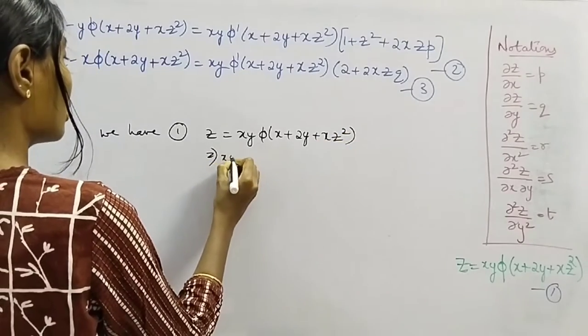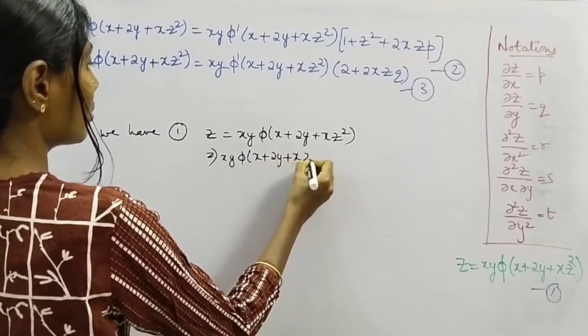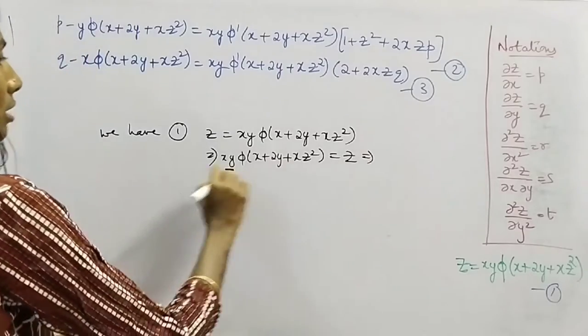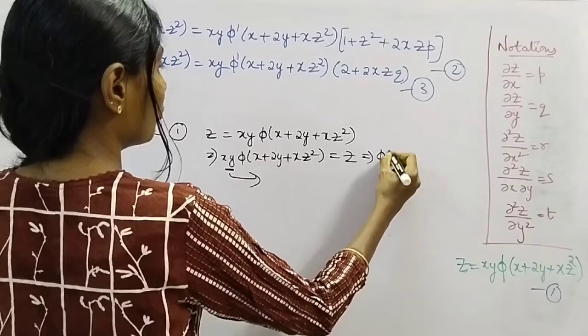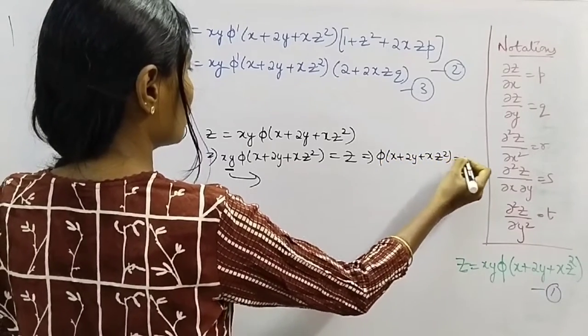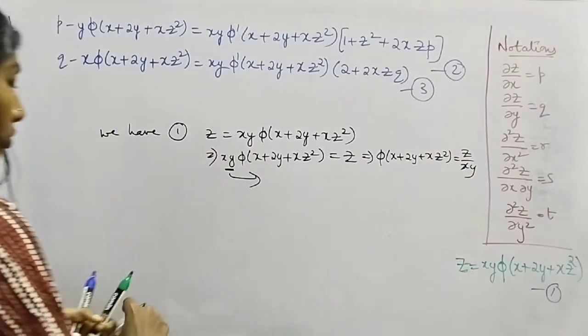Or we can write this as xy into phi of x plus 2y plus xz square equal to z, right? Now take this xy to RHS. Then you will get phi of x plus 2y plus xz square equal to z by xy, right?